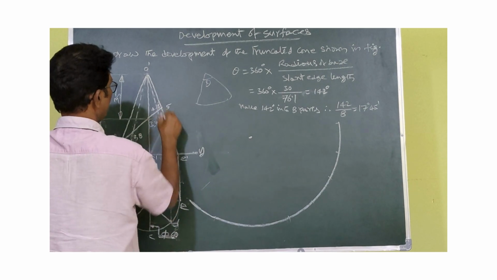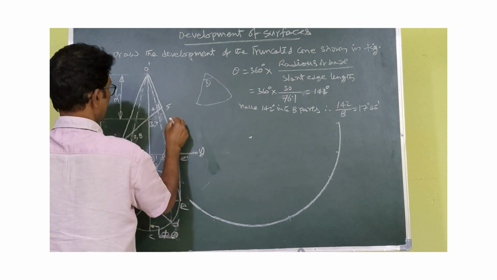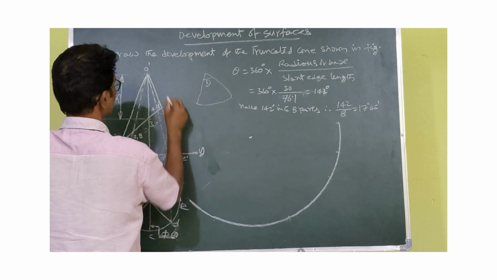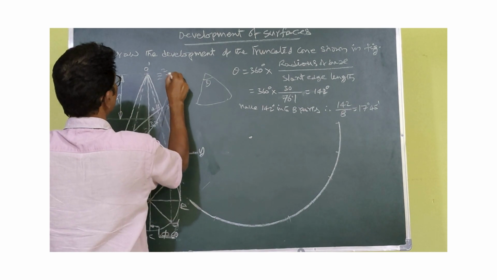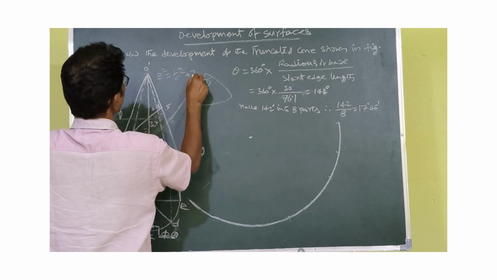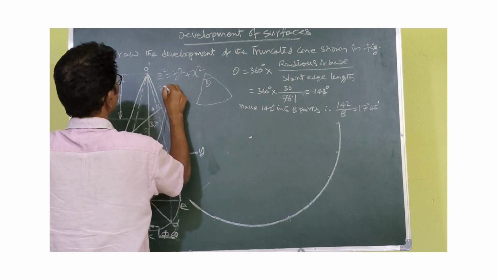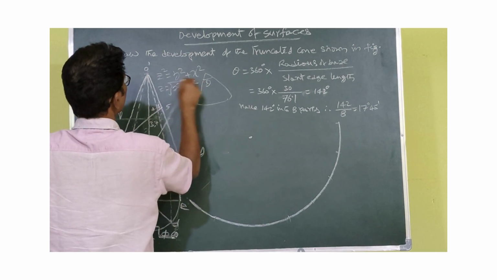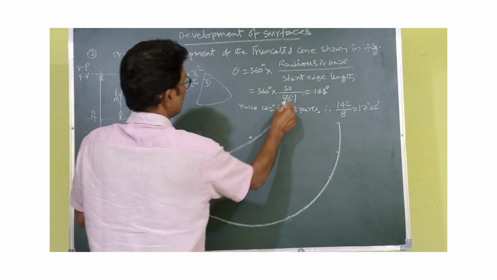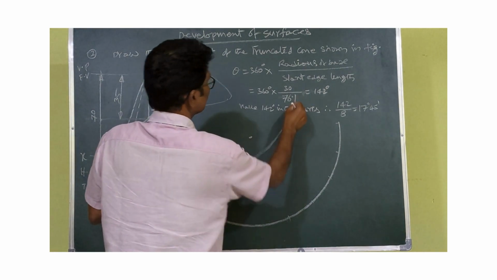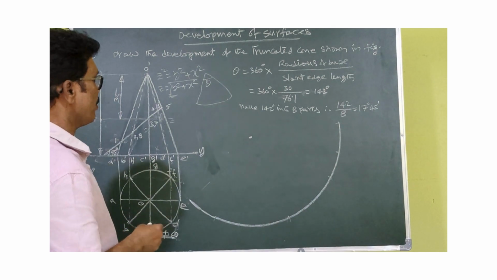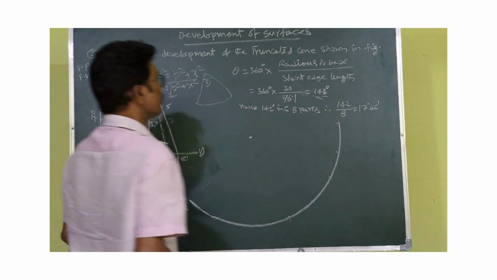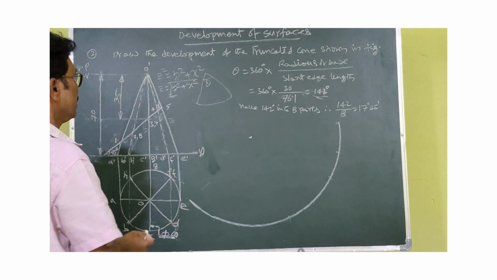Let us say these are x, y, z. Pythagoras theorem: z squared equals y squared plus x squared. By using this formula, we get 76.1 mm. If you simplify, we get approximately 142 degrees.